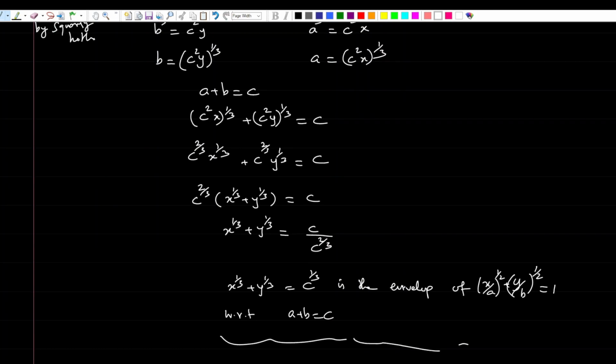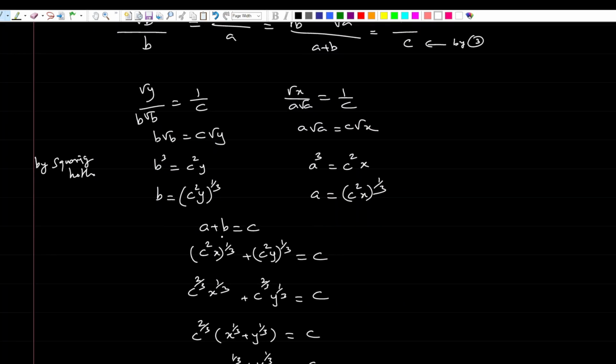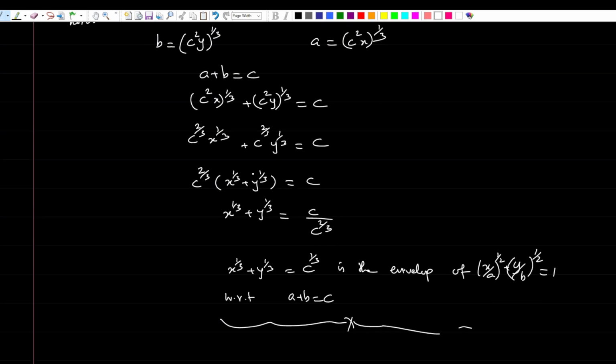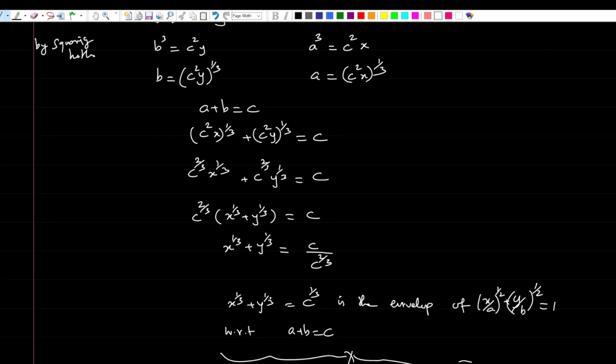So the problem is very simple. Here we are having two parameters, so our target is we have to eliminate this a and b with respect to the given condition.